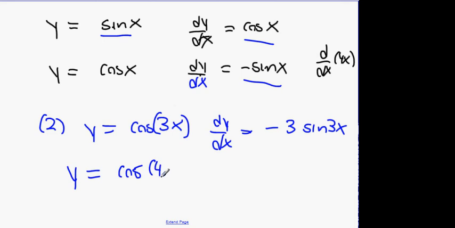What do you think about this one? The angle doesn't change, right? So it's going to be minus sine 4x minus 5. Differentiate the angle, what do we get? Just 4. So it's going to be minus 4 sine bracket 4x minus 5.